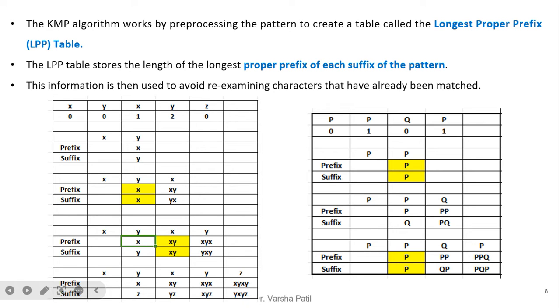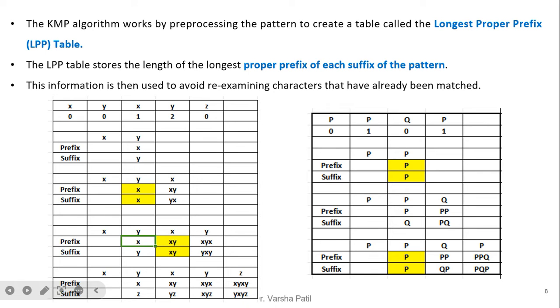Next is XYXYZ. Now the prefix can be possible X, XY, XYX, XYXY, and suffix can be possible as Z, YZ, XYZ, YXYZ. So here we can see that nothing gets matched.